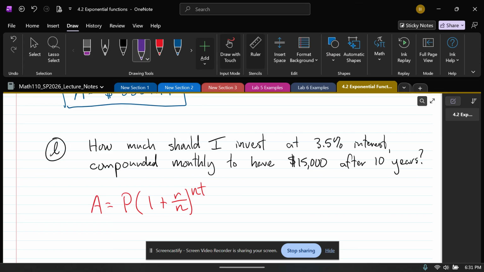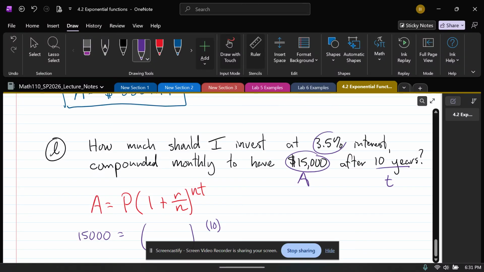I have A. What is A? So this is A. 15,000 over there. Good. What else? Time in years. I got time in years. That's T. So that's going to be something times 10.